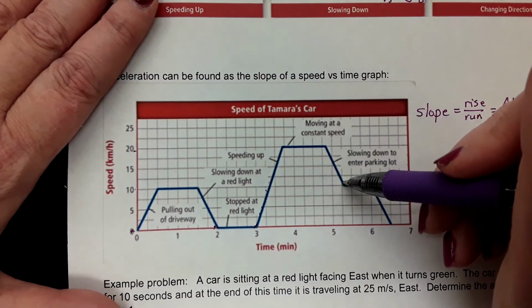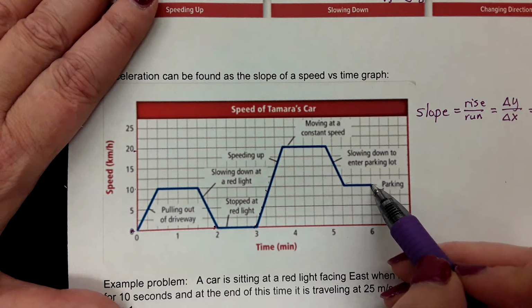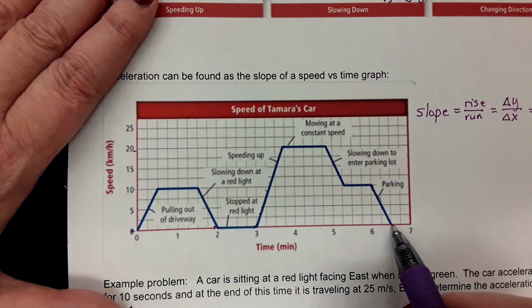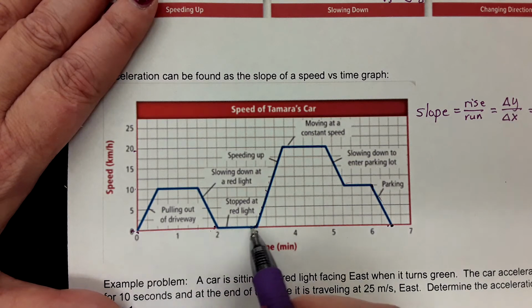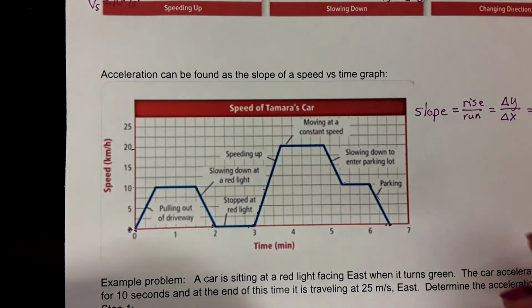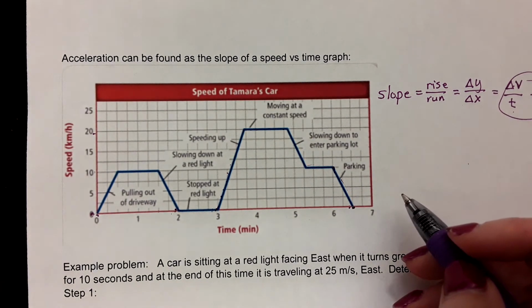Then she slows her speed down to 10 again, and it stays constant for a short time. And then she goes from 10 meters per second down to 0. She stops right there. In fact, anytime you're on the x-axis, that's where 0 speed is, that's when you're stopped, you're at rest.